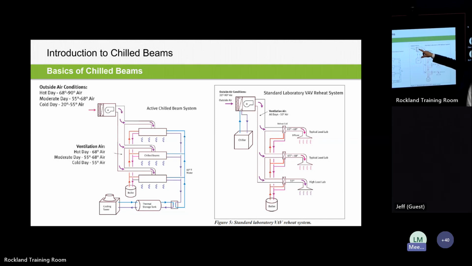Basically all throughout the year, even if it's 20 degrees outside or 90 degrees outside, you've got 55-degree air being driven throughout the spaces, really because you've got different load profiles within the labs. So you've got the high load lab that's supplying 55 degrees into that space, and reheat coils that are engaged on these top two delivery points. So that's discharging 65 to 68 degrees because, again, that minimum air change requirement is driving a high amount of air volume into the space. So you're balancing that load.